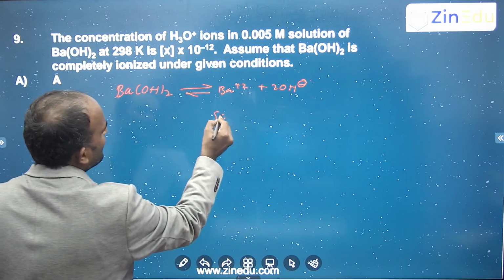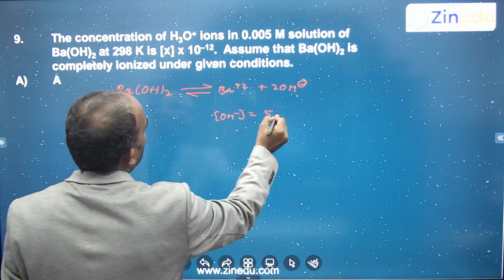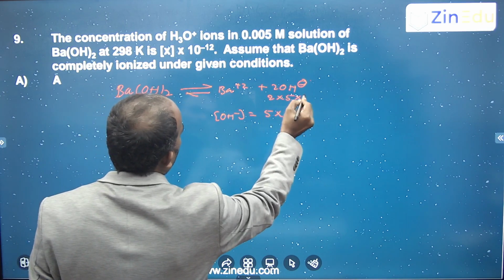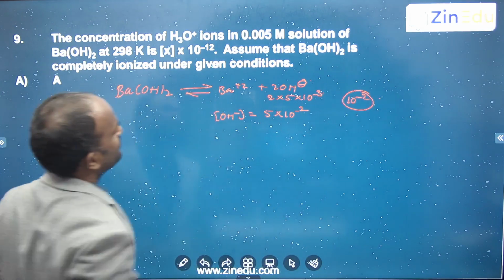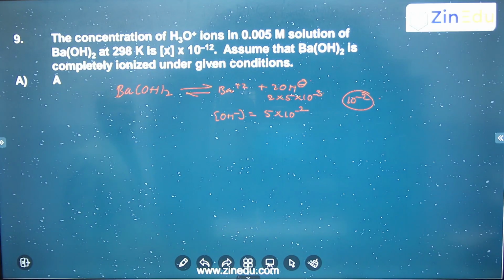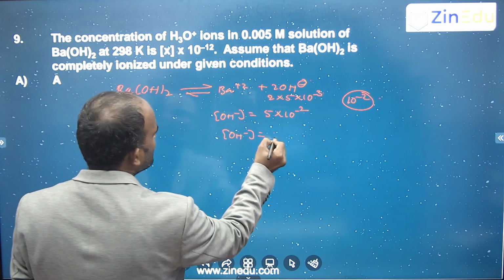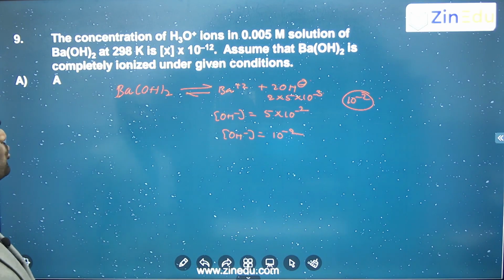Here the concentration of OH minus ion is 5 into 10 power minus 3, but 2 are there, so 2 into 5 into 10 power minus 3 equals 10 power minus 2. So the concentration of OH minus ion is 10 power minus 2.